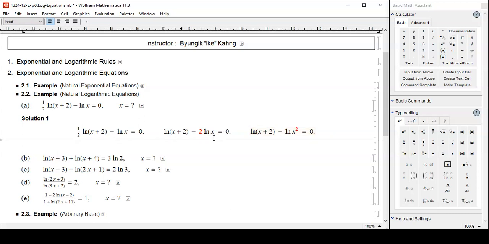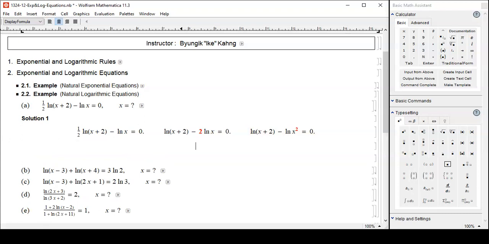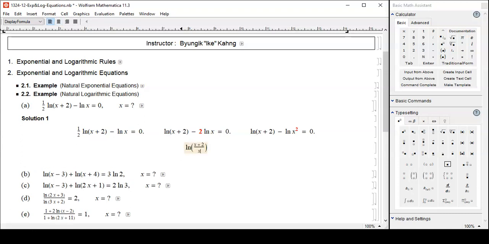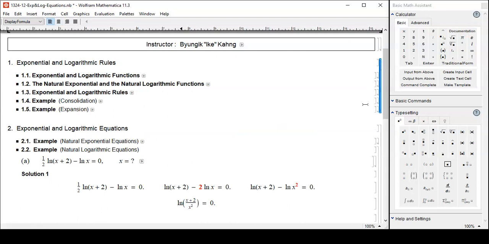So, if I combine them all, what do you get? Log of x plus 2 divided by x squared. So log minus log, so we have division. Okay? So log rule number 3, where are the log rules, excuse me.